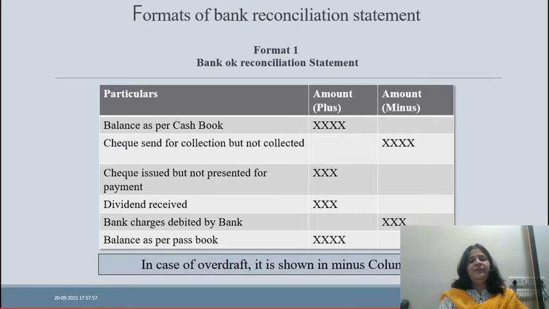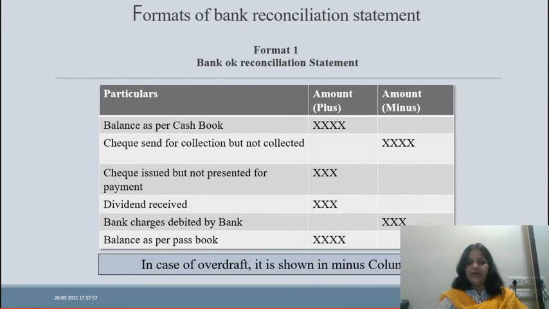Now we will see the format of bank reconciliation statement. This is one format. In this there are three columns: particulars, amount plus and amount minus. First of all, we have to take balance as per cash book. It is written in plus column. Then check sent for collection but not collected, it is written in minus column. Check issued but not presented for payment, plus column.